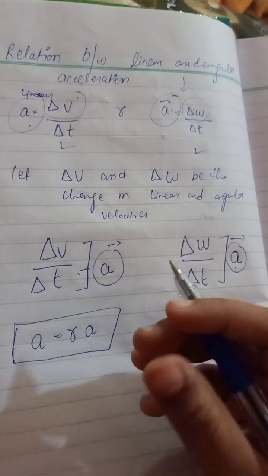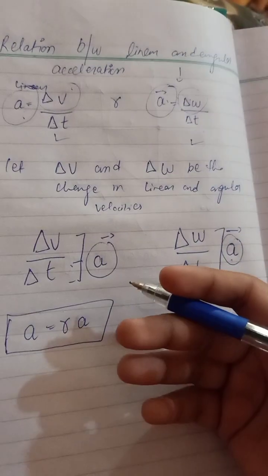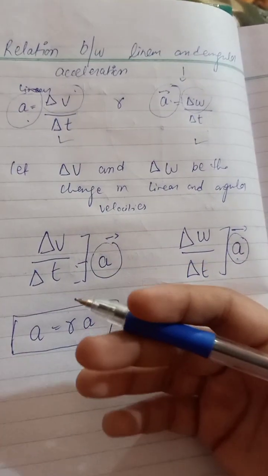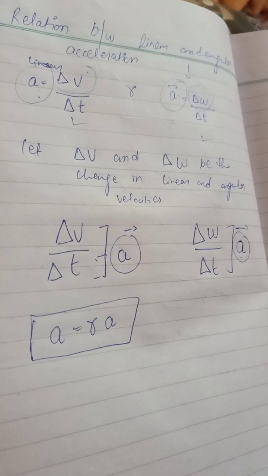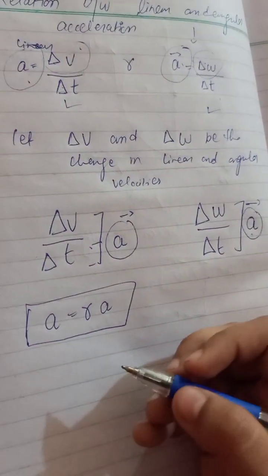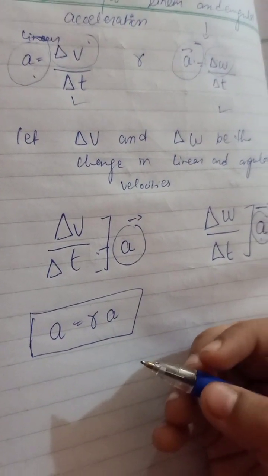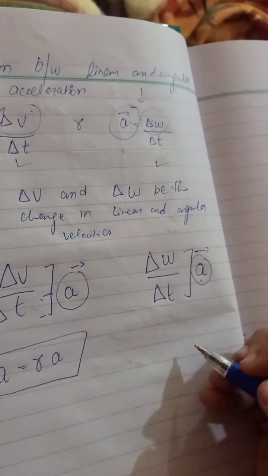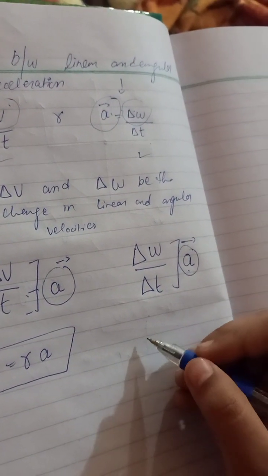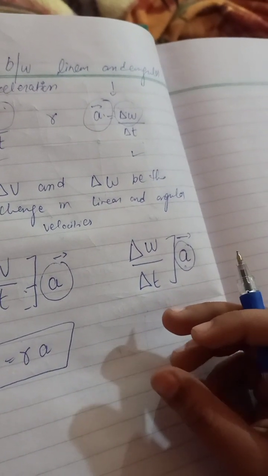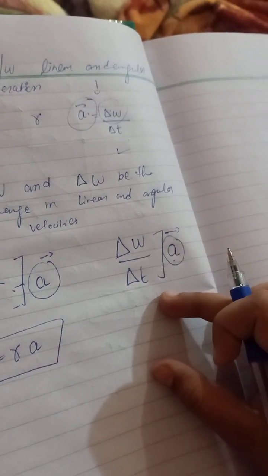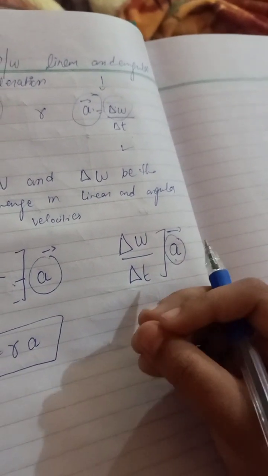So linear acceleration is also called tangential acceleration. Linear velocity was also called tangential velocity. As you all know from the previous video, we had a relation between linear and angular velocity, and with that formula I just put a subscript t for tangent.